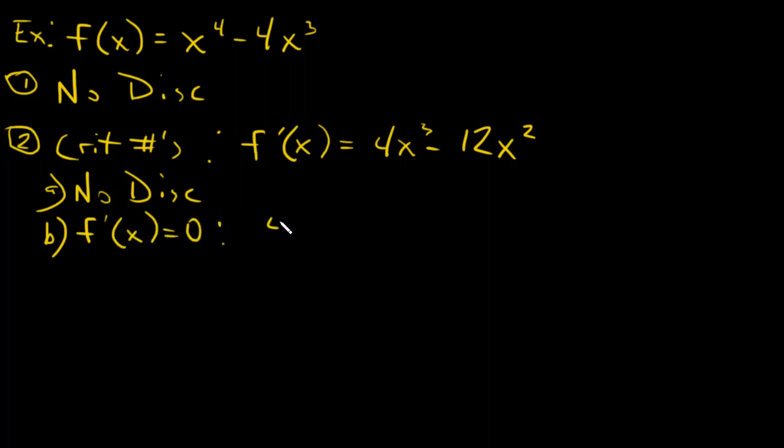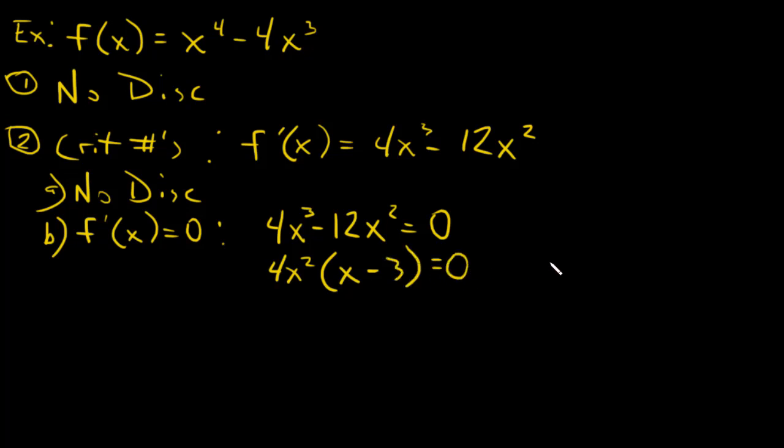But we do have f prime of x equals 0. That implies that 4x cubed minus 12x squared is equal to 0. And I can factor out a 4x squared and be left with x minus 3 equals 0. And that means that x equals 0 and x equals 3 are our two critical numbers.